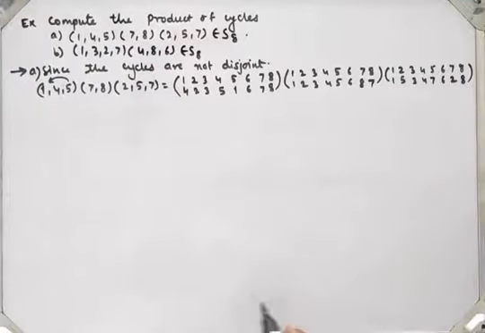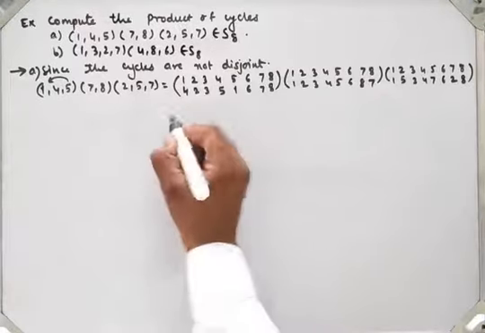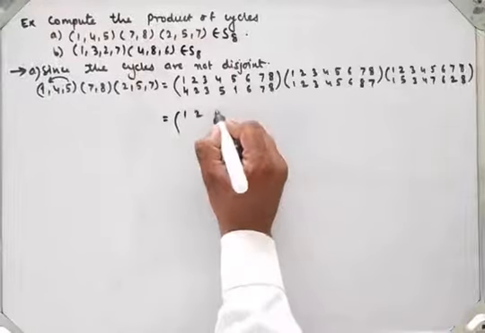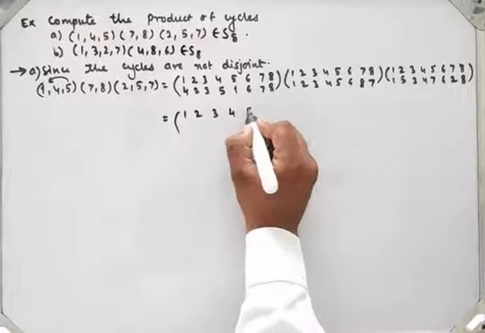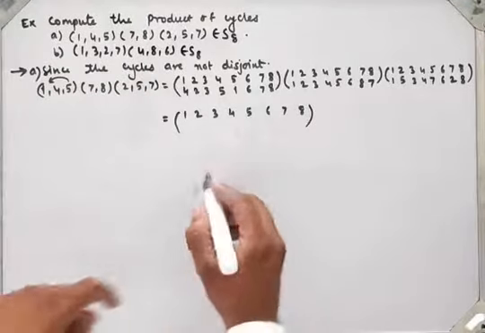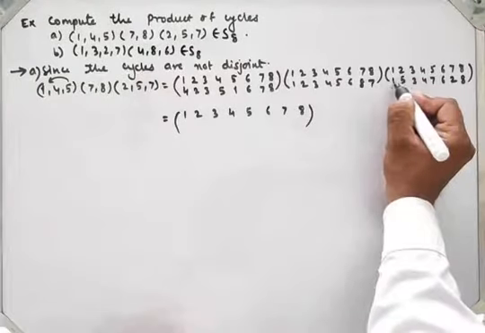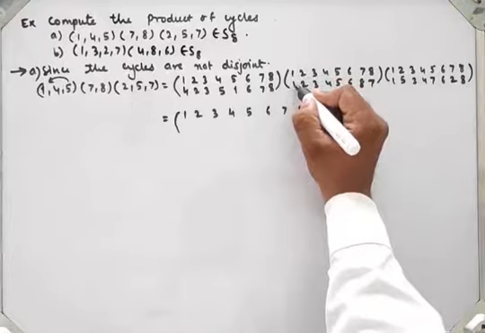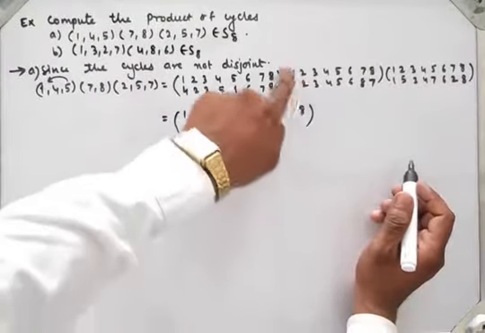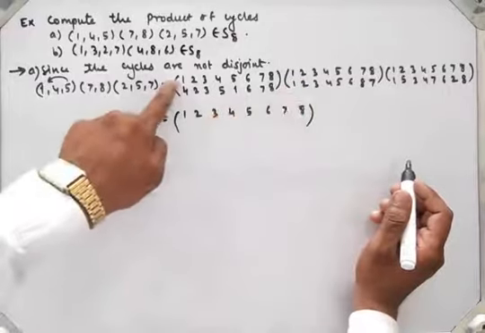So the product will start from the right hand side. First I will write down all 8 elements 1 2 3 4 5 6 7 8. Now start from 1. 1 goes to 1, 1 goes to 1, and then 1 goes to 4.